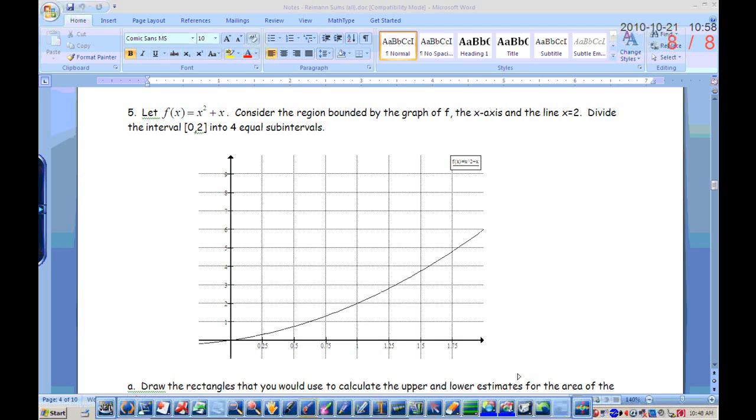The way that the midpoint method works, and we're divided into 4 equal subsections, so our rectangles are like this. But we take the height of the curve at the middle of the interval. So where is the middle of my first interval? At 0.25. So that is where the height of that rectangle is going to go.